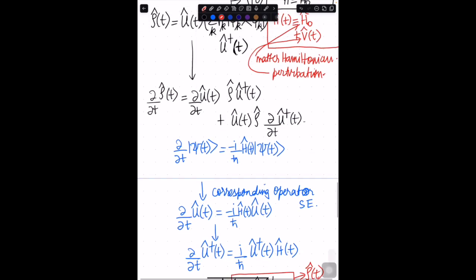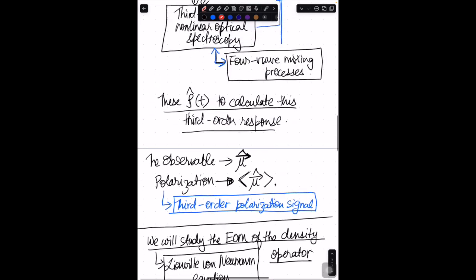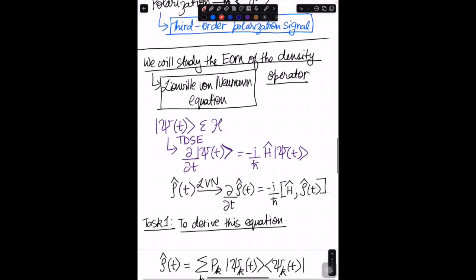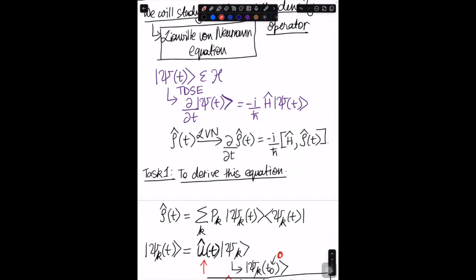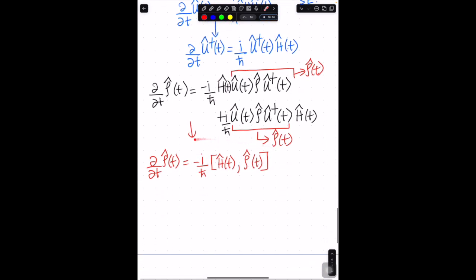And this is what we set out to prove in the beginning. So, just a word of caution again, I apologize for this mistake. In general, the Hamiltonian is time dependent. So, this is your Liouville-Von Neumann equation, and we have proven it here.